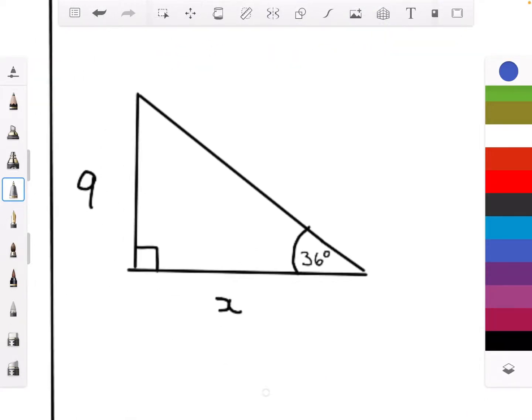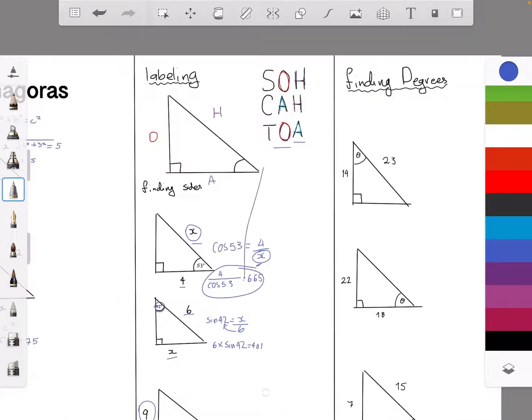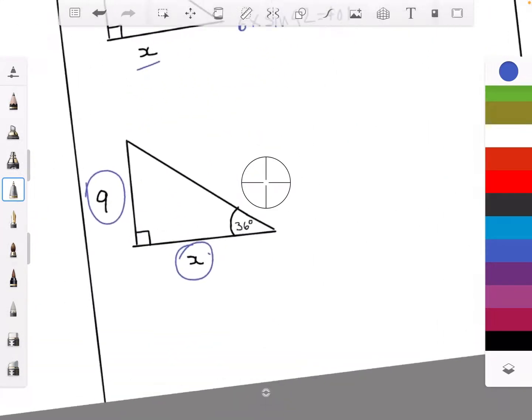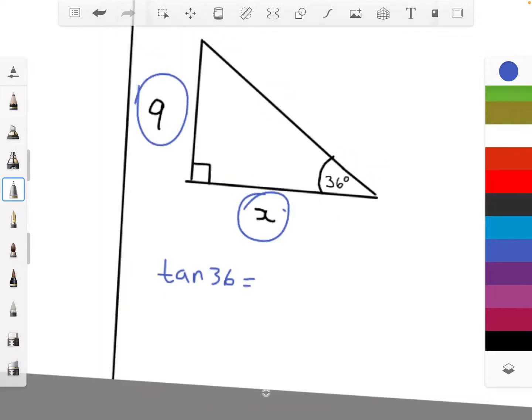Here, you are not given the hypotenuse, but you are given the opposite of the angle and the adjacent. Opposite, adjacent, you have to use the tan formula. Tan 36 equals opposite 9 over x.